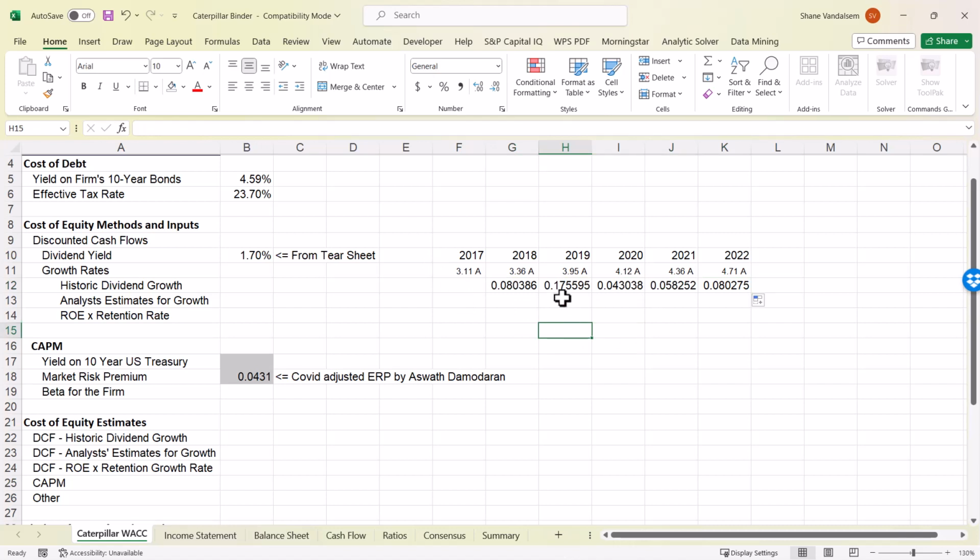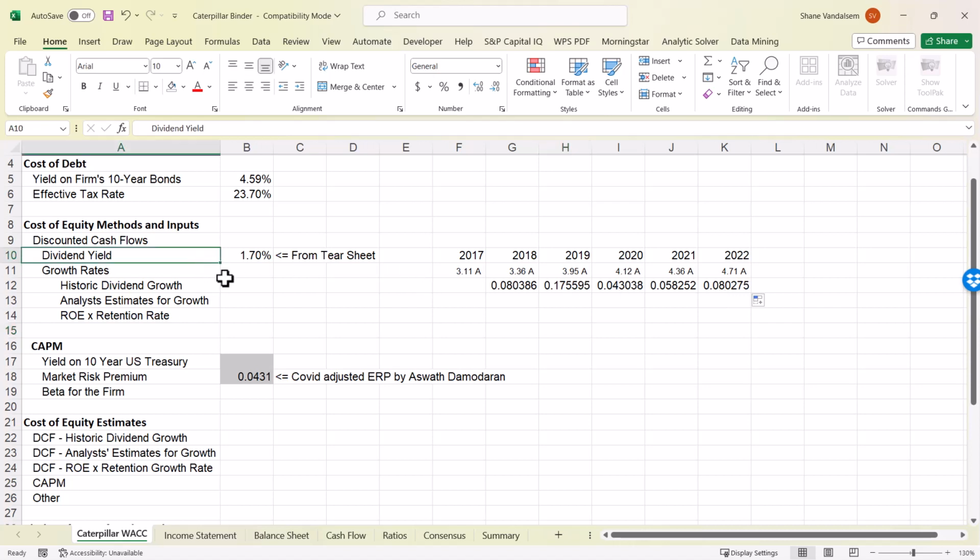So looking at this information, I see the growth rate was 8% 1 year, 17.6% the next year, which is a pretty high growth rate. Then it slowed down a little bit to 4% the following year, about 6%, 5.825% in 2021, and then 8.03% in 2022.